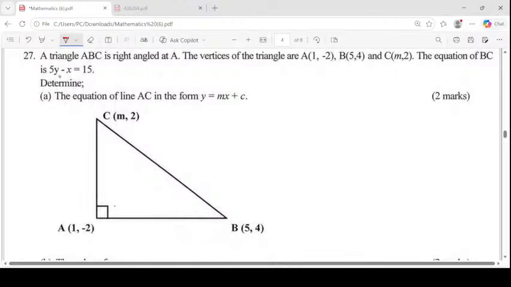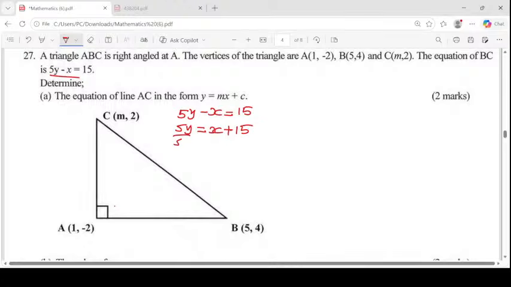Remember, this is the equation of BC. Let me deal with the equation of BC. If the equation of BC is 5y minus x is equal to 15, this can be written as 5y is equal to x plus 15.